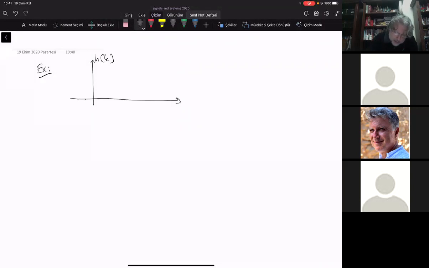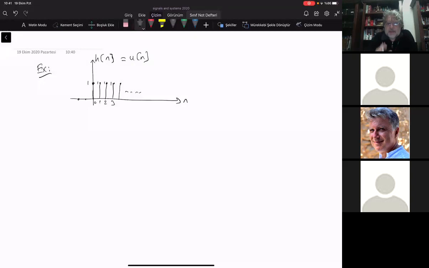Whereas this one is a unit step function, which continues to be just ones forever, starting from 0 onwards for all n. So, oops, it's not h of k, sorry, it's h of n. So h of n is u of n.